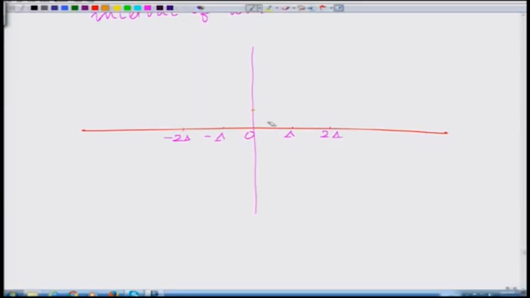Delta to 2 delta you are mapping to 3 delta by 2, minus delta to 0 you are mapping to minus delta by 2, and minus 2 delta to minus delta you are mapping to minus 3 delta by 2.